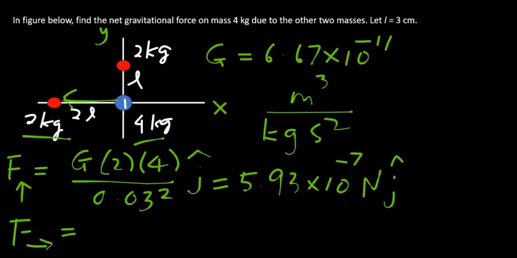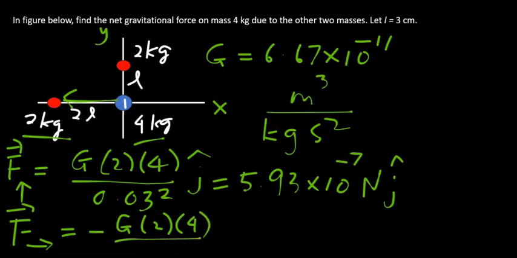Now they are vectors, so let's use the vector notation. In this case, it's minus G, the product of the two masses, over the separation distance, which is 2L, so that's 6 centimeters, 0.06 meter squared, i hat.